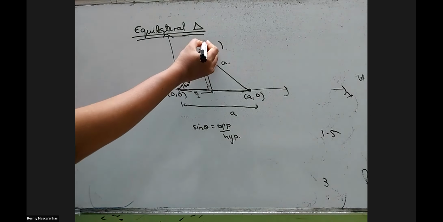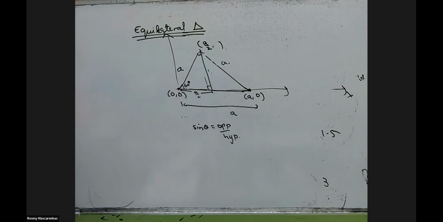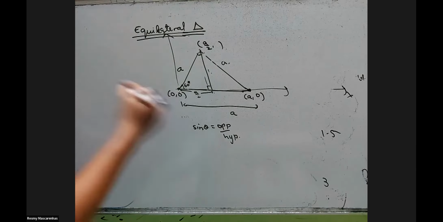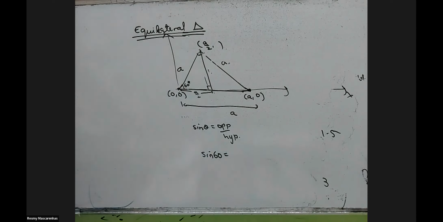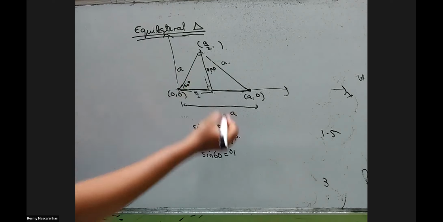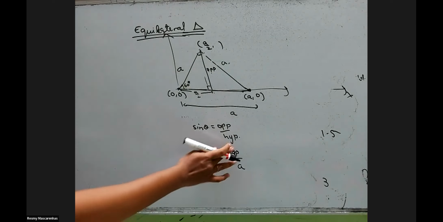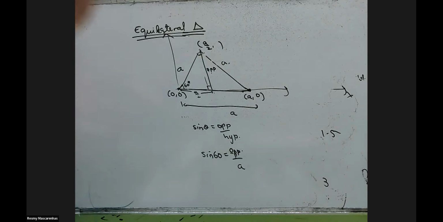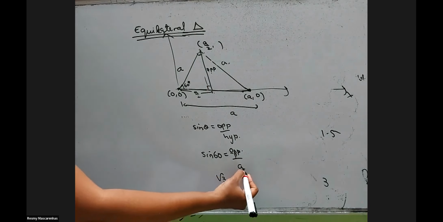The x coordinate is anyway a by 2, because the x distance is a by 2. I want to know the y distance, so I'm using the sin theta formula. This is sin 60, and the opposite side is what we have to find. The hypotenuse is A. So sin 60 is root 3 by 2, and A will go here.